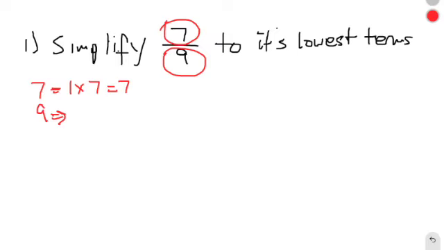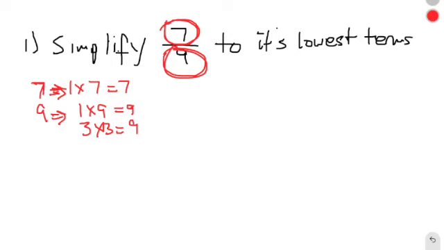We find all the factors of 7, and we find all the factors of 9. So the factors of 7 is just 1 times 7, okay? So the factors of 9 is 1 times 9, which is equal to 9. 3 times 3 is equal to 9. And that's it.